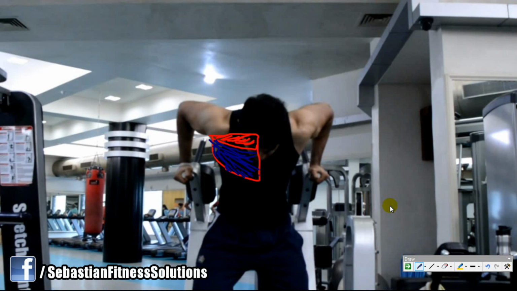We touched upon the varying angles of decline, incline, and flat, and the reasons why one angle preferably works the sternocostal head better versus why another will work the clavicular head better. This is not to say that the pec fibers contract individually, and that if you don't exactly match the line of movement with the line of fibers, it's not going to get trained at all. That's not the case. The pec muscle contracts as a whole.